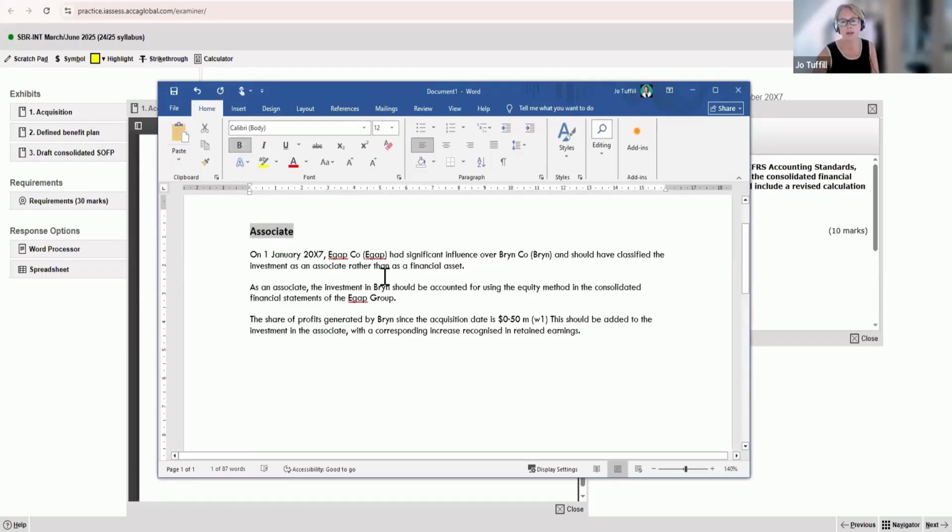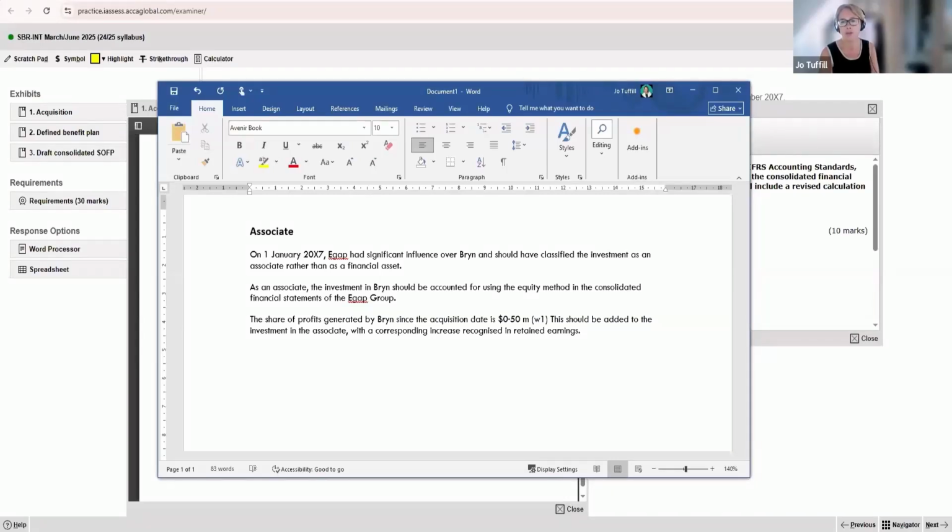On the 1st of January, it had significant influence over Bryn. Now, can you see what they put in brackets? You don't need to do that. You just need to say Egap had significant influence over Bryn. What they're trying to do is just keep it short, give you references. Don't worry about that. Egap should have classified the investment as an associate rather than a financial asset. 1 mark.